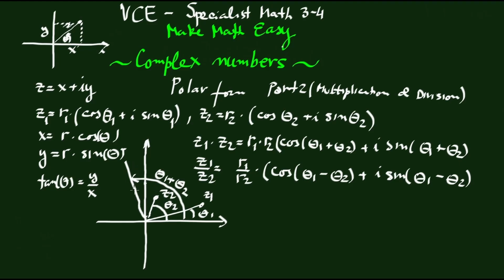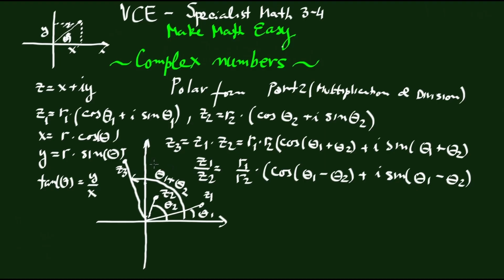and the modulo, the length of this, so we call it z3. This z3, its length would be, and if we were to subtract from z3 by angle, it would be like going back to z1. z3 minus z2 will be going back to z1.